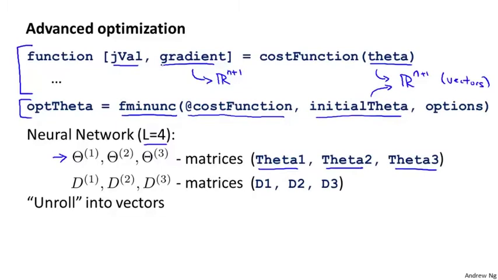And similarly, for these gradient terms that we're expected to return, in the previous video we showed how to compute these gradient matrices, which were capital D1, capital D2, capital D3, which we might represent in Octave as matrices D1, D2, D3. In this video, I want to quickly tell you about the idea of how to take these matrices and unroll them into vectors so that they end up being in a format suitable for passing in as theta here or for getting out as a gradient there.